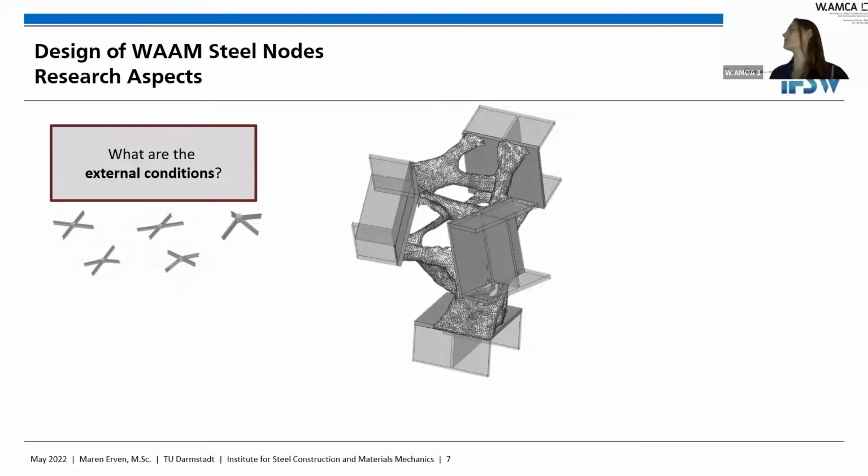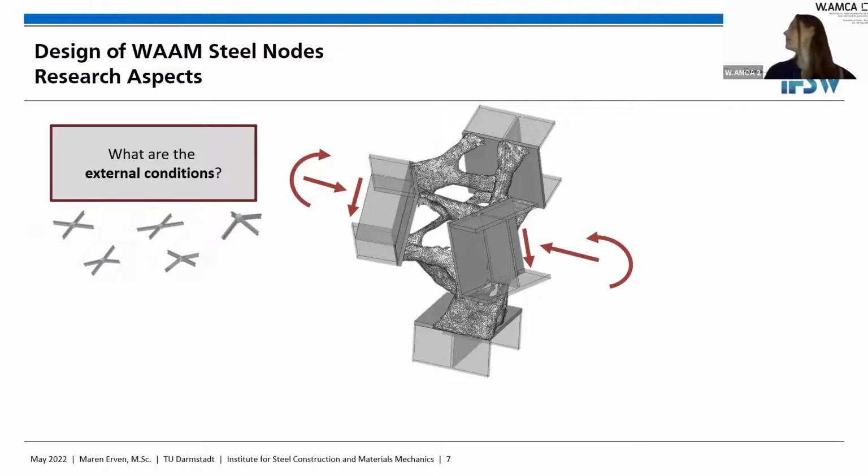And of course, when is it worth 3D printing such a node? If we just connect two beams rectangular to each other, maybe we won't choose a 3D printed steel node. But when we have complex situations where the beams connect from different directions with different rotations, then maybe a 3D printed node is good for that. So we have to think about the geometry and the loads.